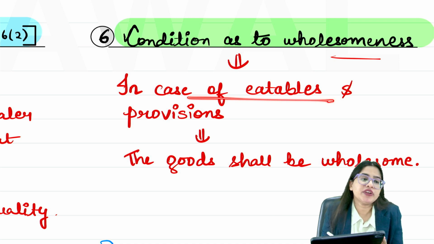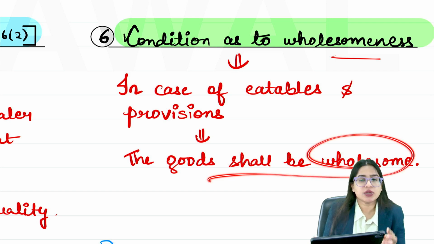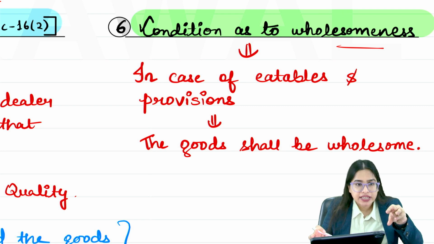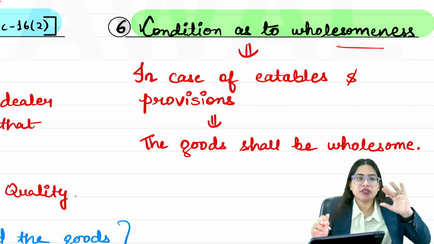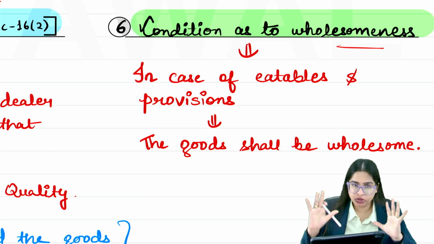So in case of eatables and provisions, there is an implied condition that goods should be wholesome. Wholesome means eatable. Eatable means it should not have insects in it, it should be fresh, it should not be stale, it should not have fungus in it. Something which is eatable is wholesome.